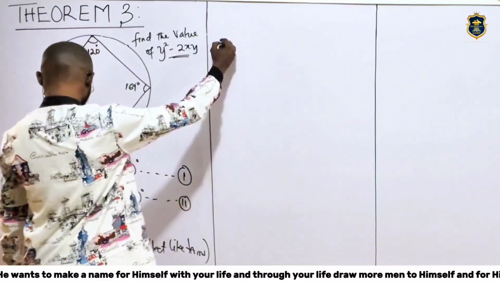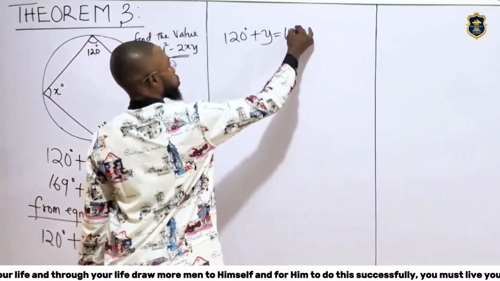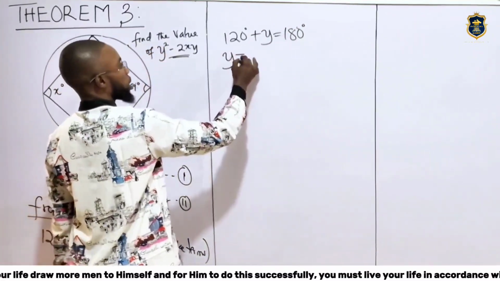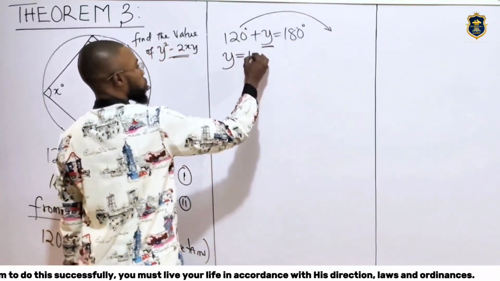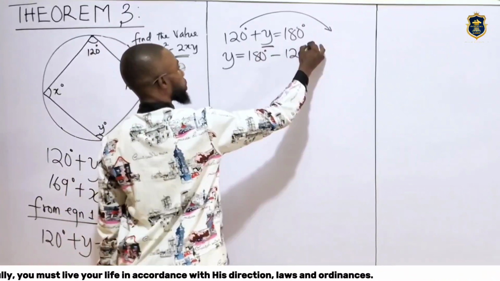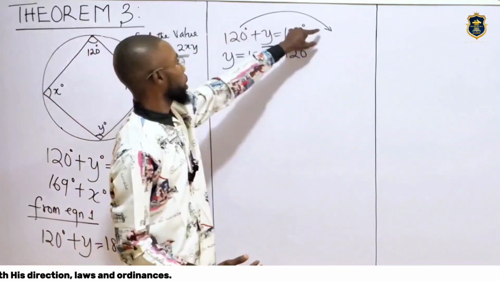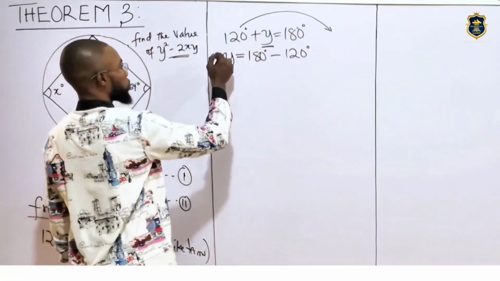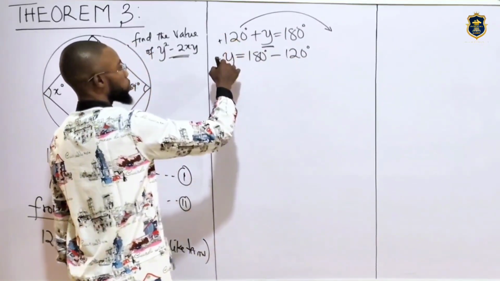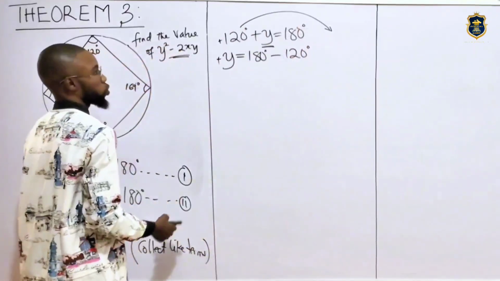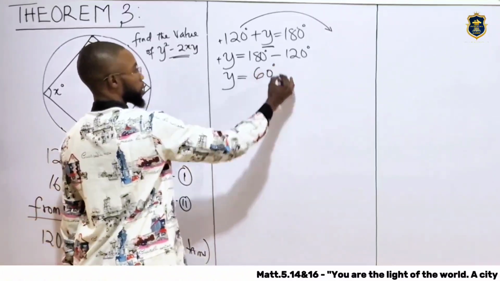From 120 degrees plus y equals 180 degrees, it's going to be y, which is equal to 180 degrees minus 120 degrees, because 120 and y cannot add to each other. We have to take this one to where its like term is, with y remaining here, and carry 120 over here. That's why I have minus 120, because this was an invisible plus before. So if it crosses, it becomes minus. So y becomes 180 minus 120, which should be 60 degrees.